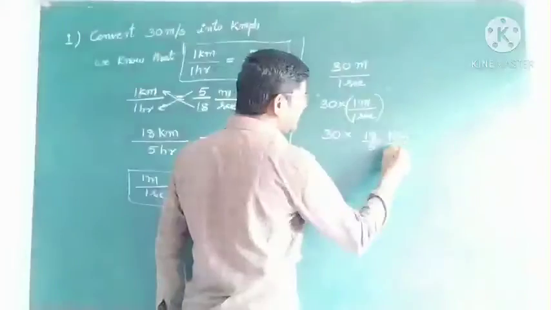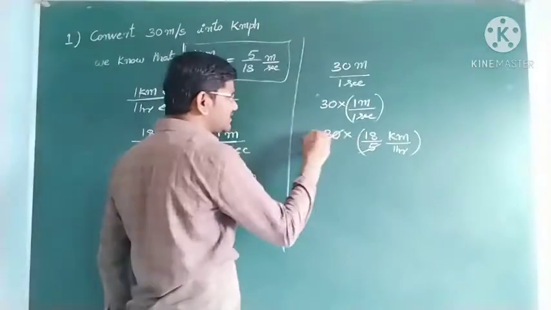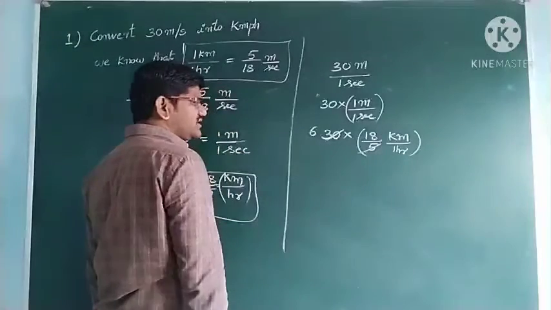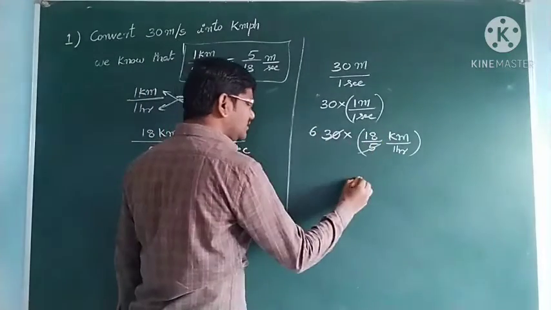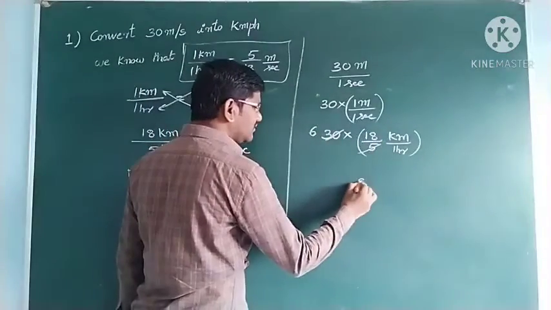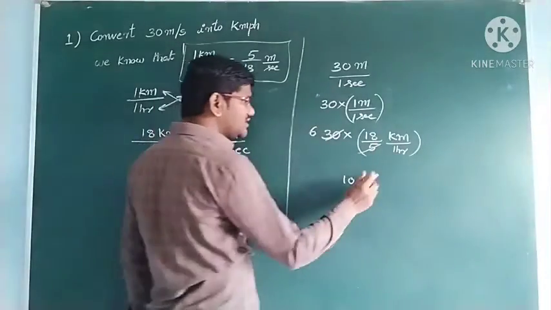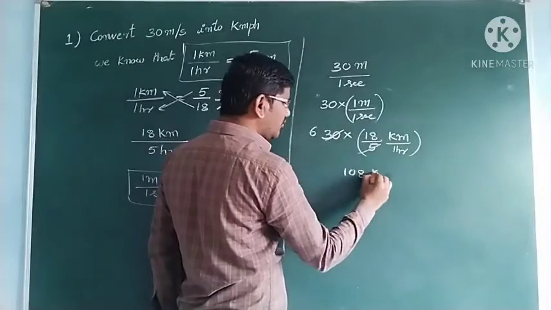So kilometer by hour. Okay, then 5 6s are 30 and 18 6s are 108. So 108 you are getting. So what will you get?